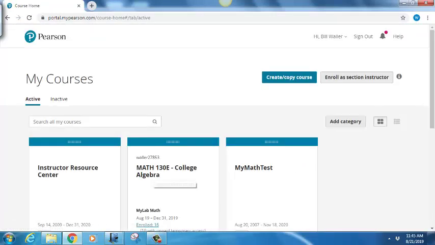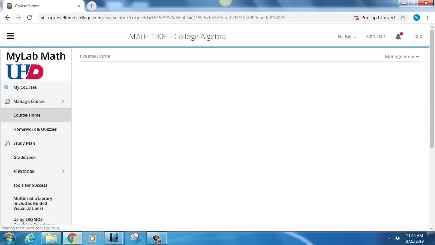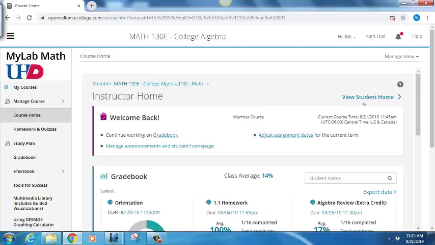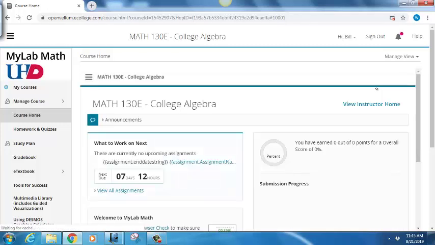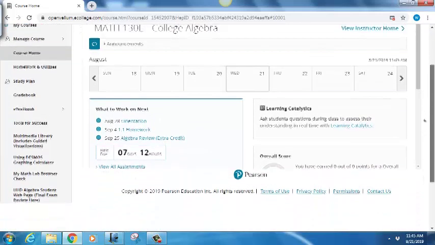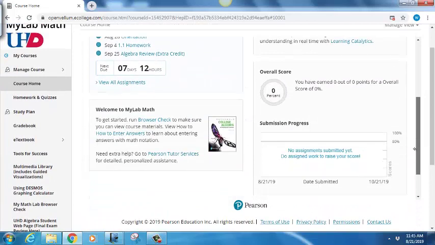Of course, my view is going to be a little bit different from yours, but let me try the student view here. I think it gives me an option for looking at that. There it goes. So I think this would be more or less what you would see.